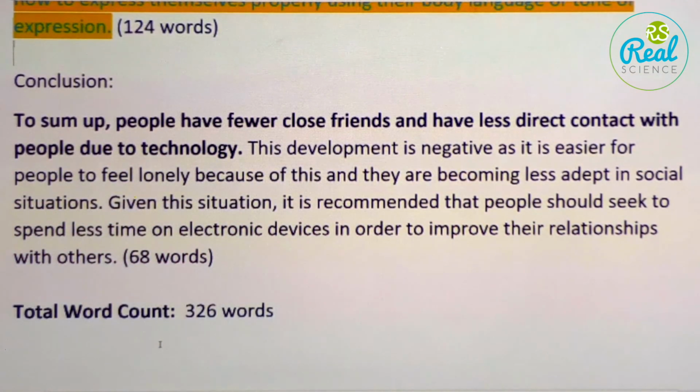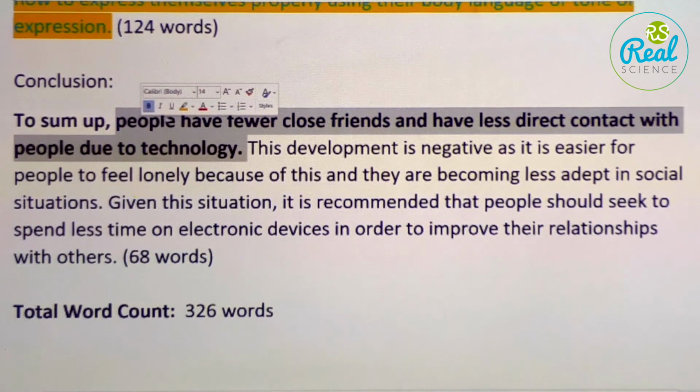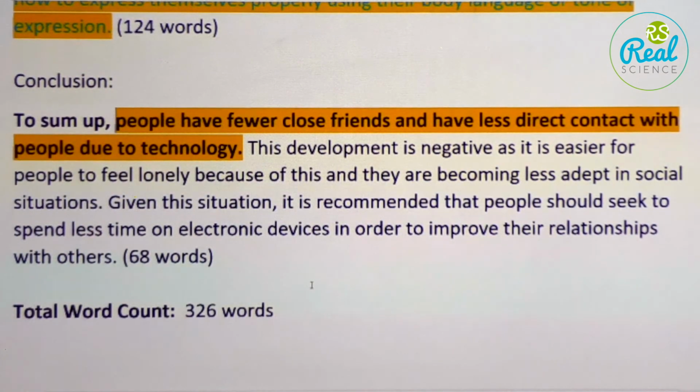Now the conclusion. To sum up, people have fewer close friends and have less direct contact with people due to technology. That is a restatement of which paragraph? I think it's new. It's restated. You are not allowed to give any new points over here. Yeah, it's a restatement.